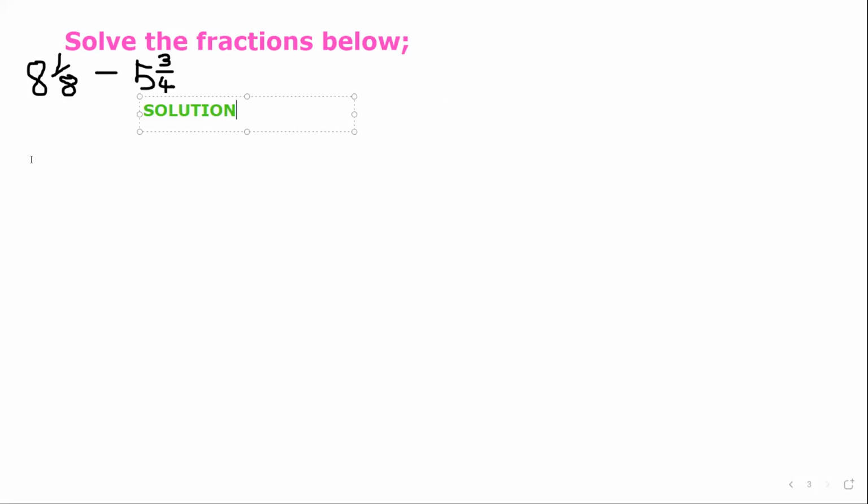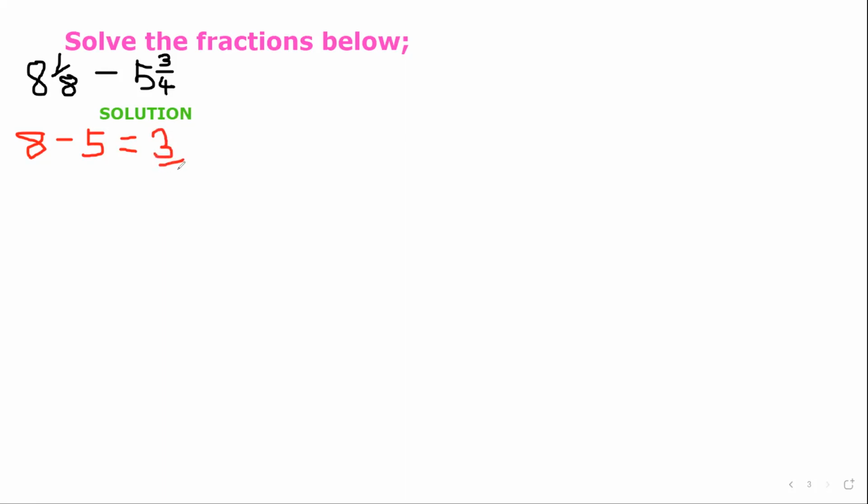Now with this, let's perform the actions of the whole numbers first. The whole numbers we have, the 8 minus 5, and then that one will be what? 3.